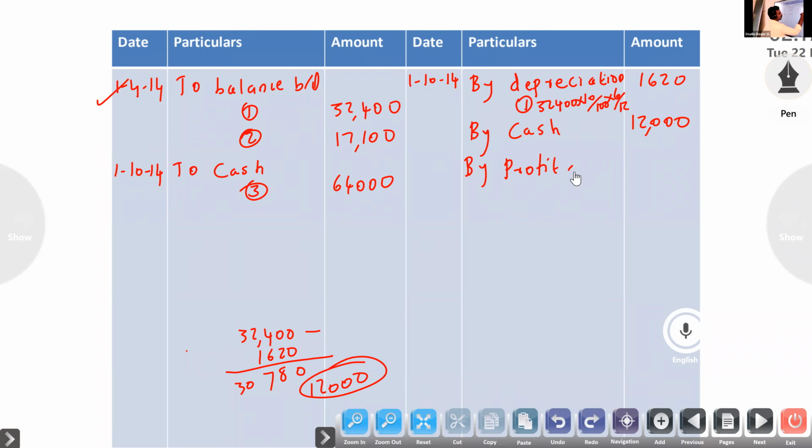By profit and loss 18,780. So the first one is over, no need to look at it again.